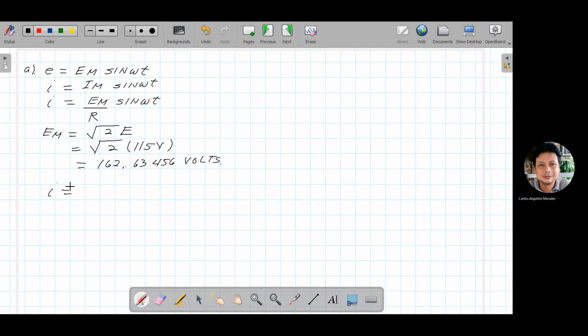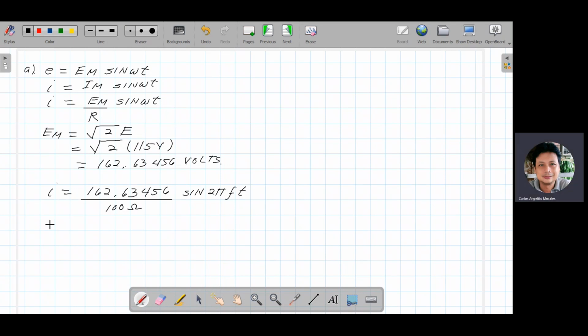Current is equal to 162.63456 over 100 ohms sine 2 pi ft.